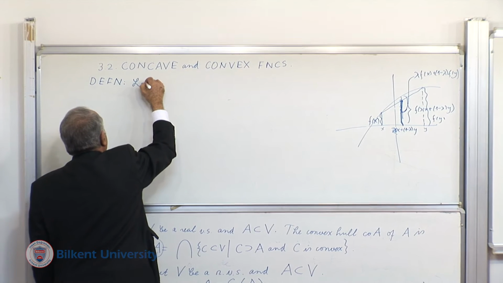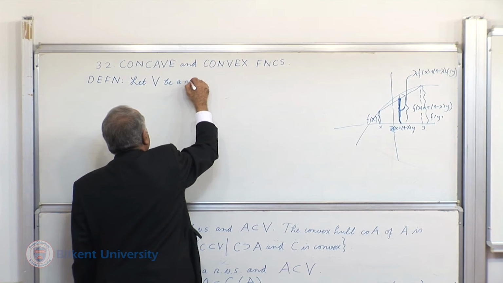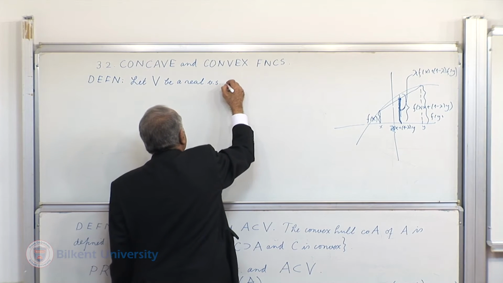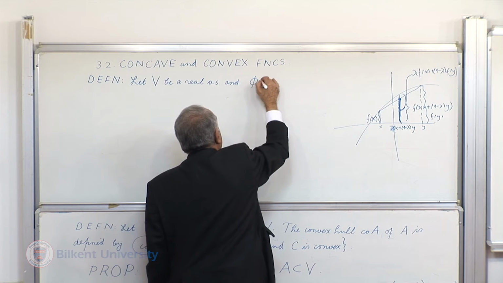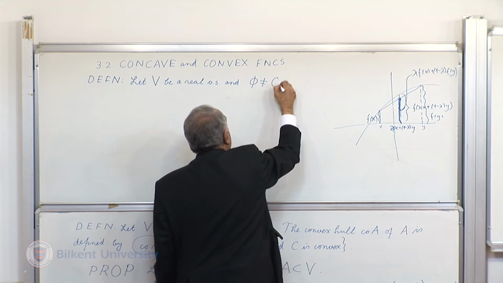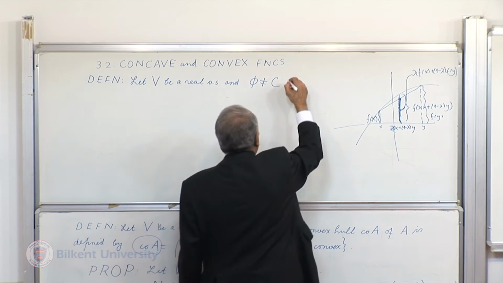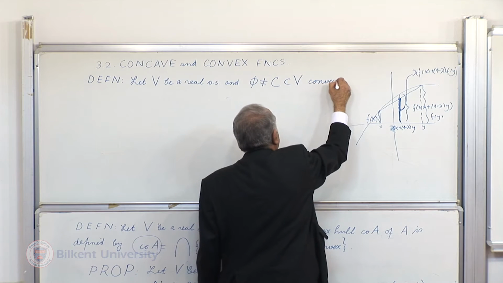Now, let V be a real vector space and C a non-empty subset of V, but we'll take that to be convex.